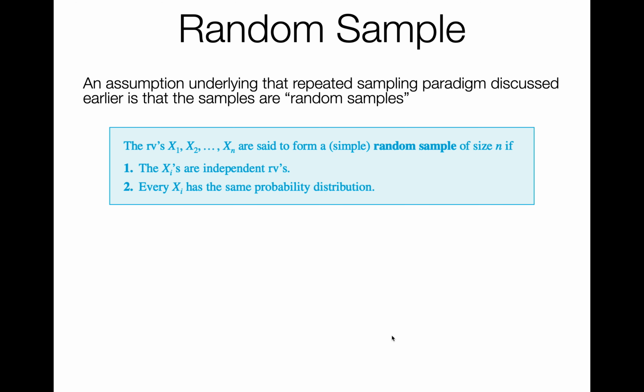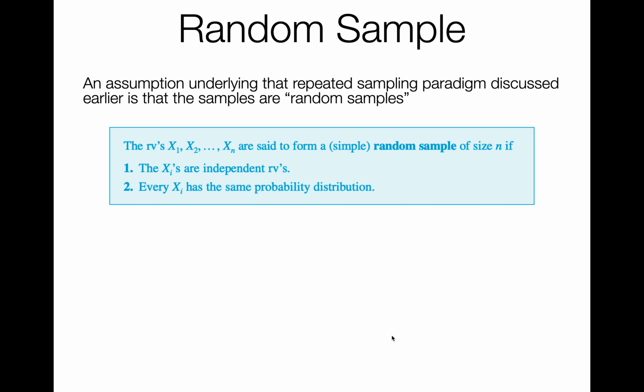I know that wasn't the greatest explanation of what it is, but these are the two properties of a simple random sample. In practice, in this class, most often we're going to say yes. No matter what, we're going to say yes, it is a simple random sample, and we're going to move on with our life.